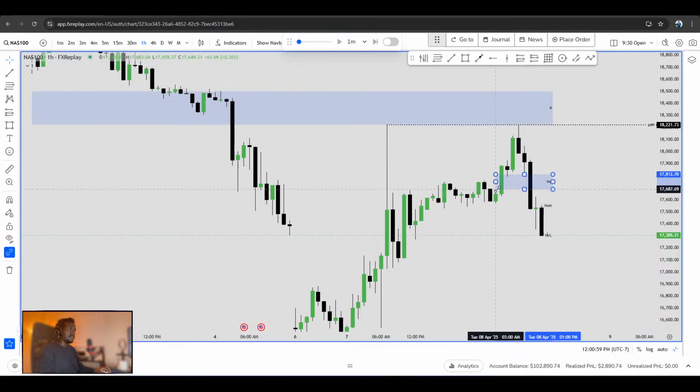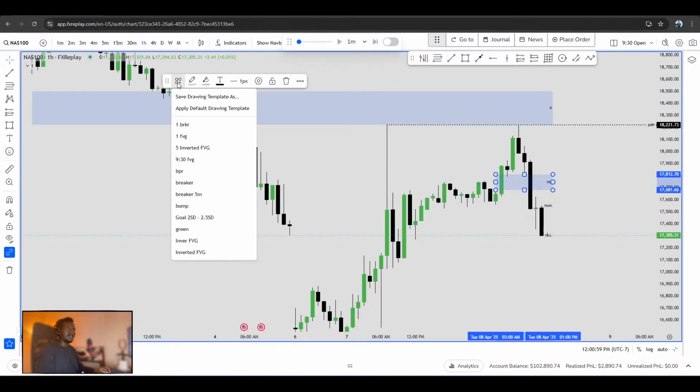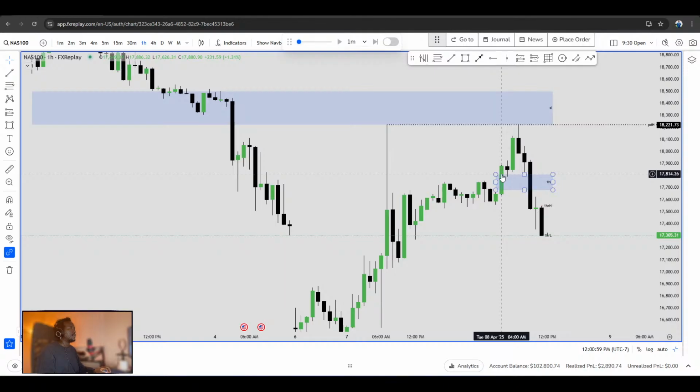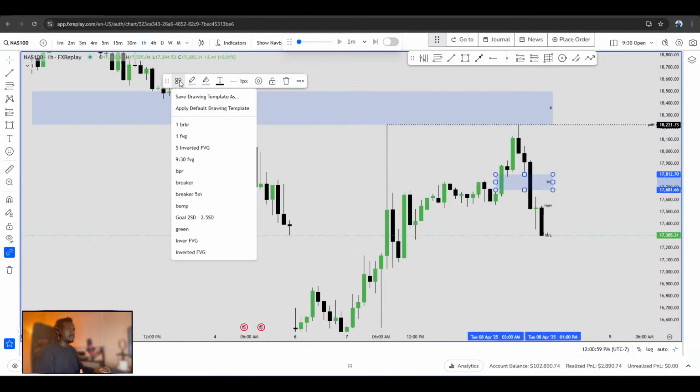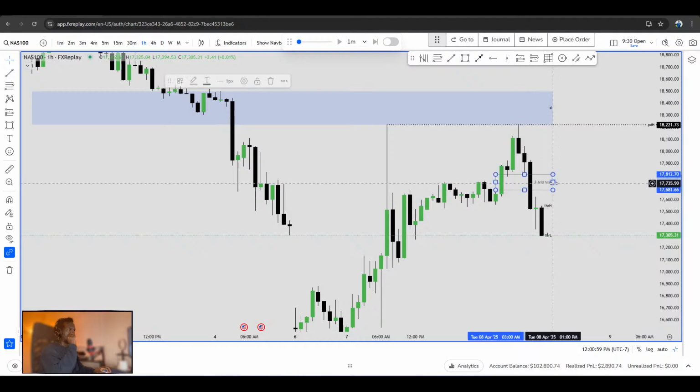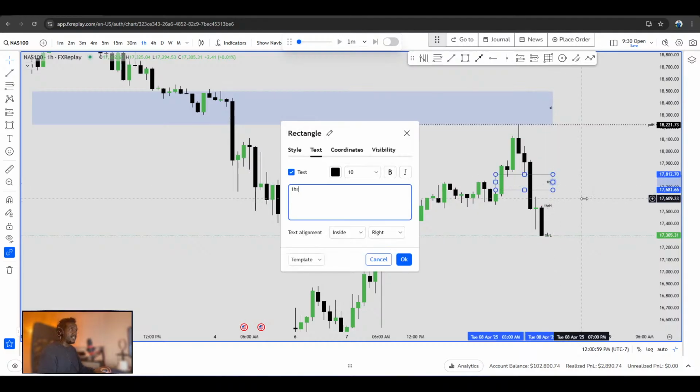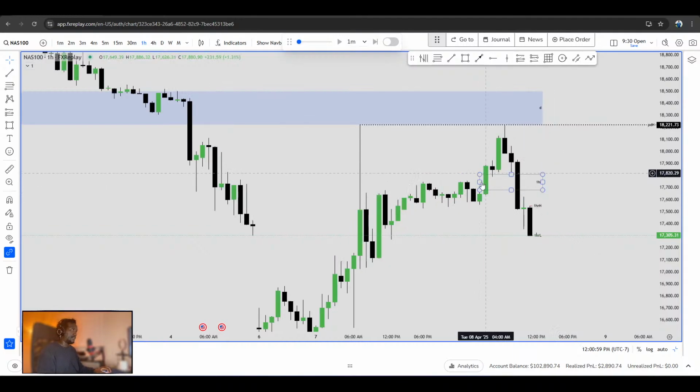I just learned about that today. I mean, it's something I knew about, but I never put it into consideration. So the thing I would do is inverted fair value gap. So pretty much the same thing, but let's just use that BPR thing. So 1 hour, and I think that's much better like that.